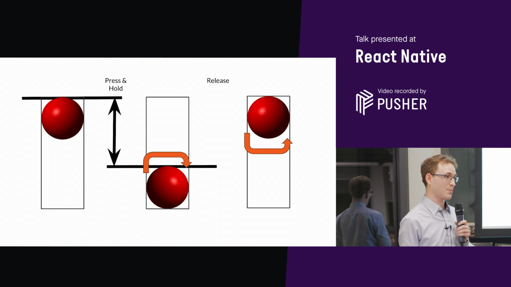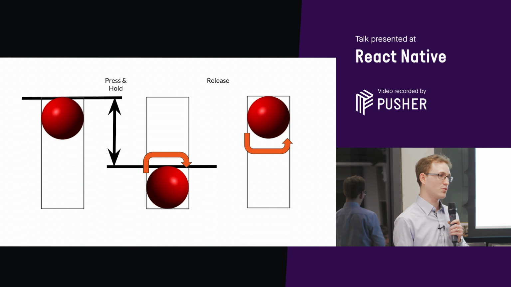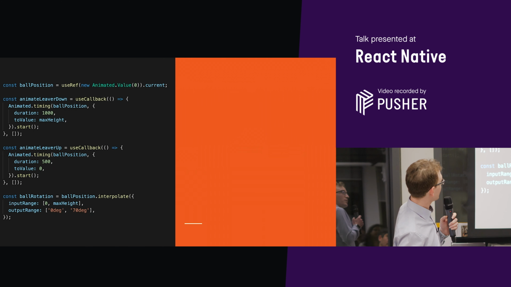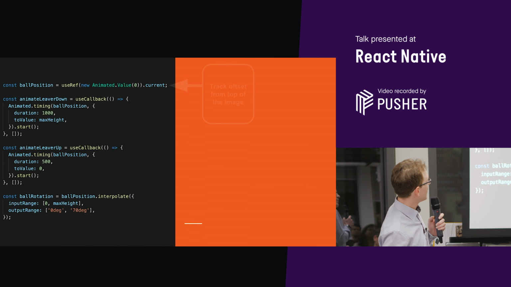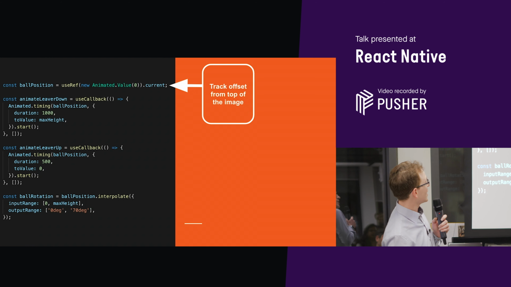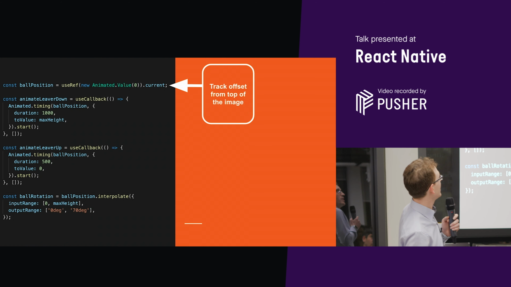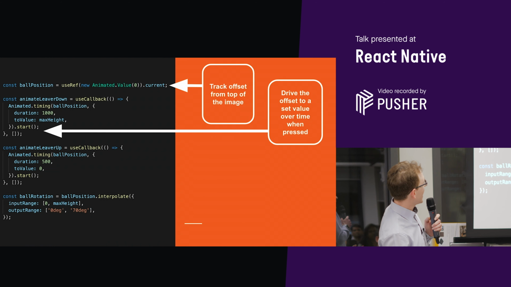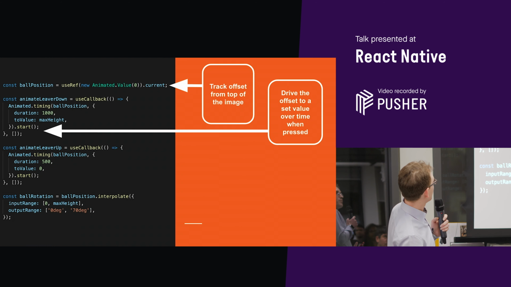And this is where some of the interpolation comes in, because I want to drive all of this from one value. So again, let's have a look at a piece of code. I'm going to initialize this animated value at the top here to begin with a value of 0. And then I'm going to declare an animation that over the duration of 1,000 milliseconds, so 1 second, is going to change that value to being whatever my max height is.